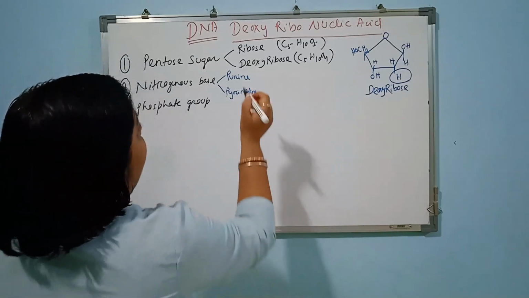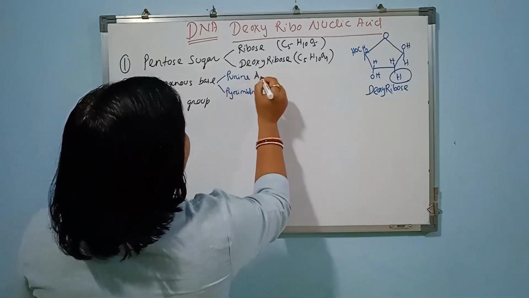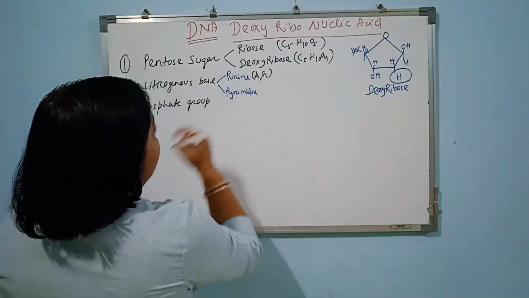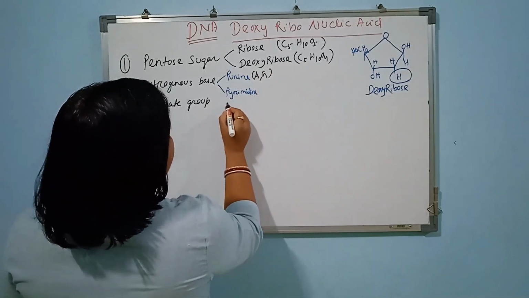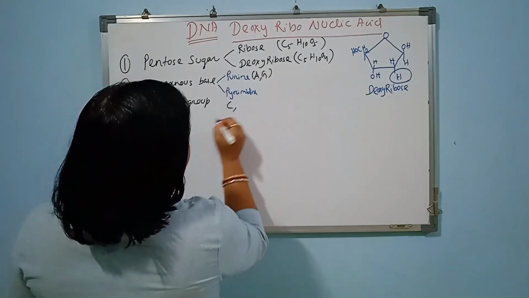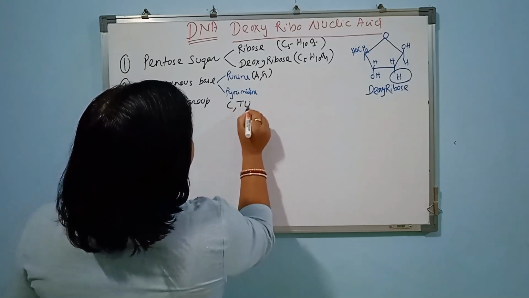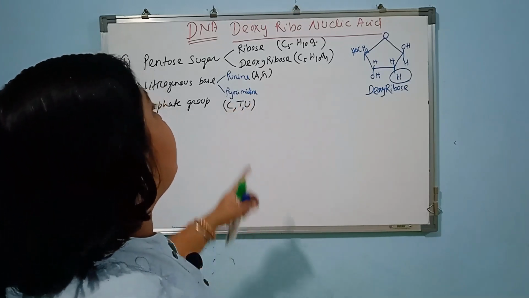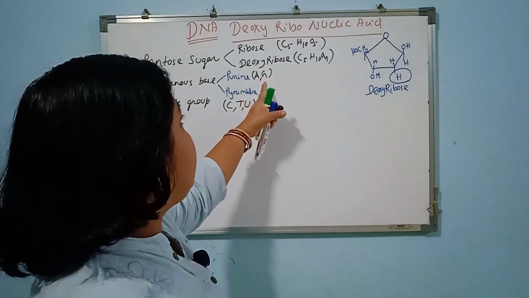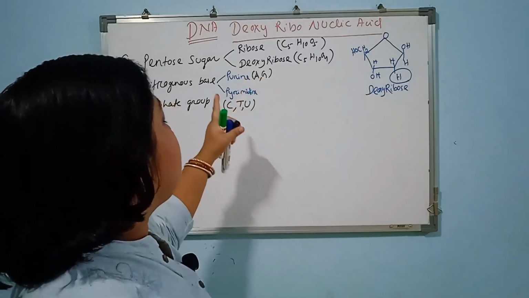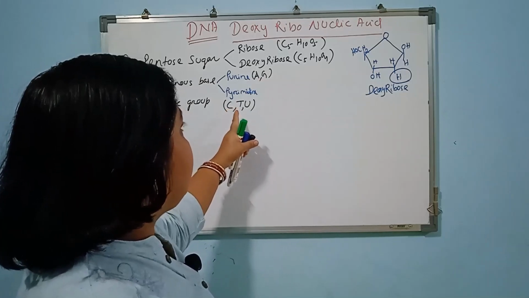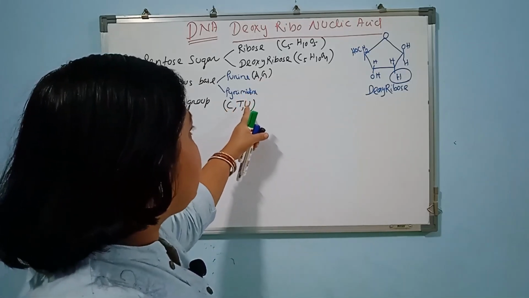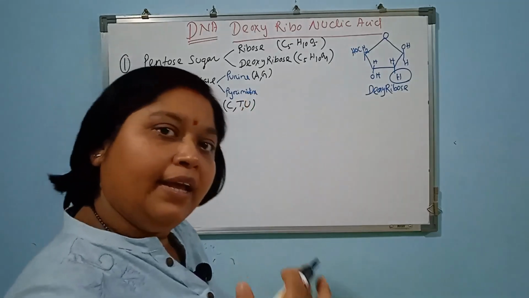One is adenine, the other one is guanine. And there are three types of pyrimidine bases present. Those are cytosine, thymine and uracil. But in DNA, adenine and guanine are present as purine bases, cytosine and thymine as pyrimidine bases. In DNA, uracil is absent. This uracil you will find in RNA.